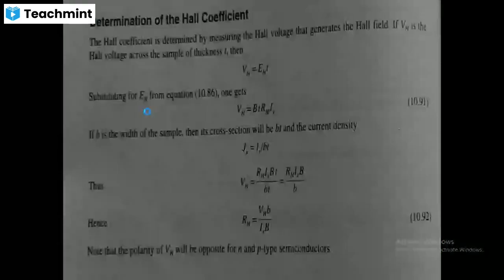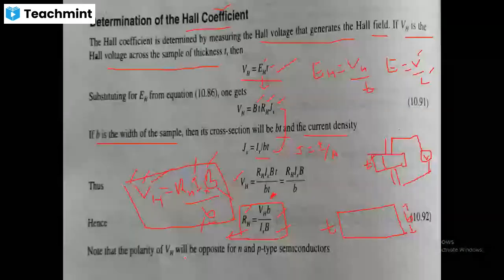How? As you can see here, whether a given material is P type or N type can be identified by knowing the value of this RH. We do the experiment and we determine the value of Hall coefficient RH. If this RH is negative, after substituting all the values, we say that the given conductor is of N type.